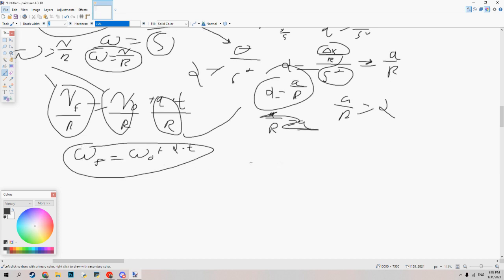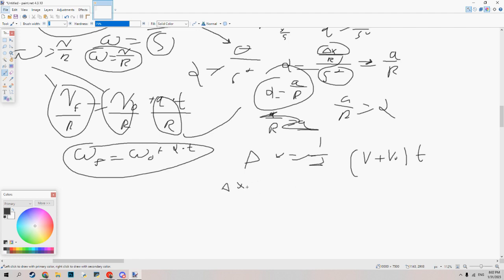I write this down as well as the other three kinematics equations, which are delta x equals 1/2 times v final plus v initial by t.